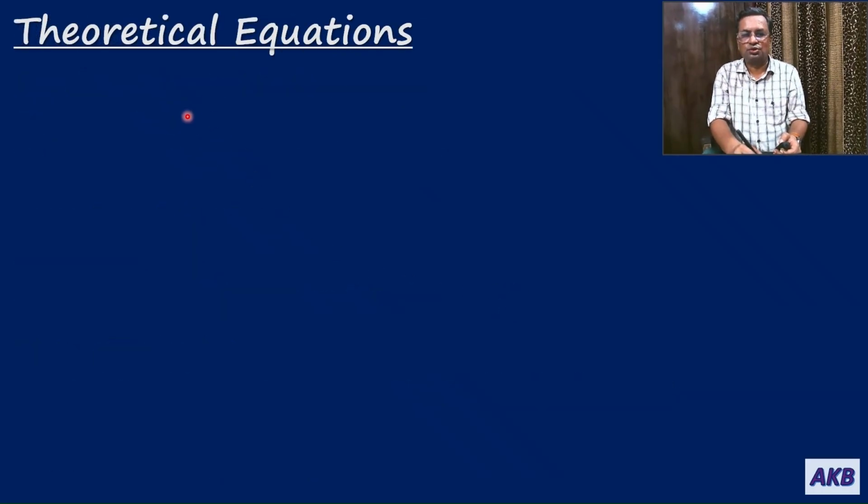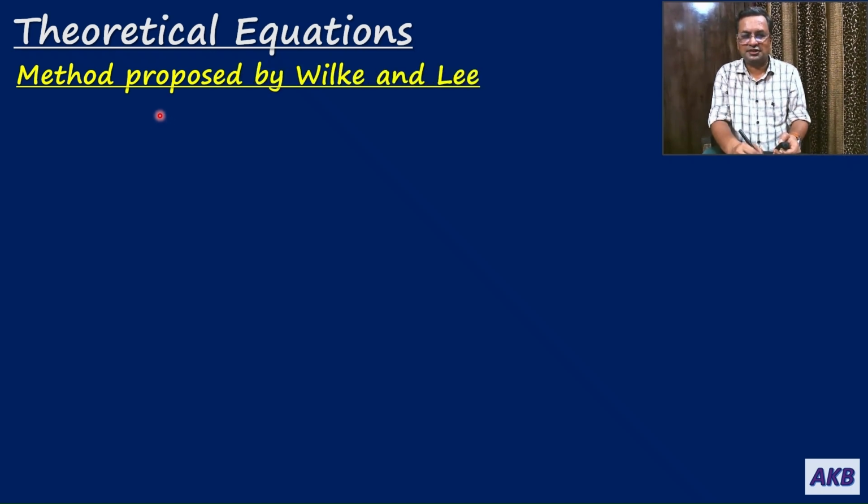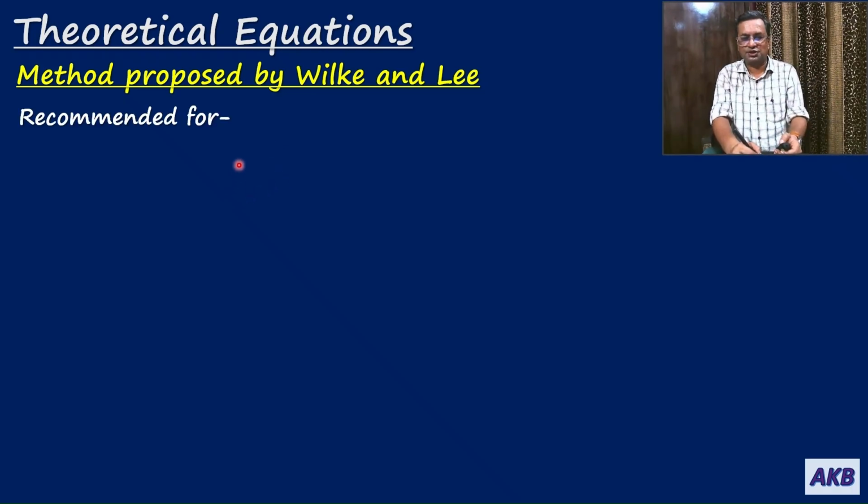Now let us know a few theoretical equations. So first, we are going to understand a method that was proposed by Wilke and Lee. These two authors proposed one equation for calculating the diffusion coefficients. Let us understand what that equation is.